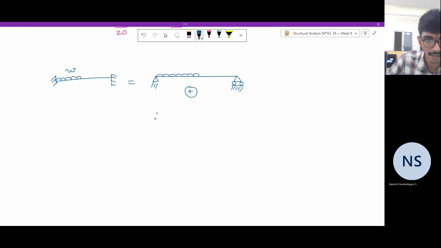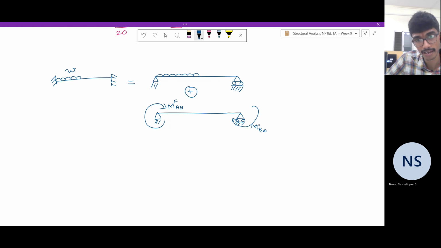Then let us apply the redundant moments on the primary structure, which are this MABF and this MBAF. Let us call this variable x1 and this variable x2.